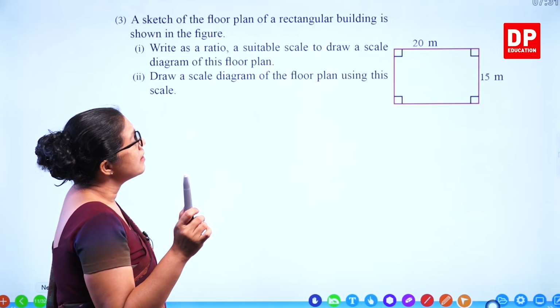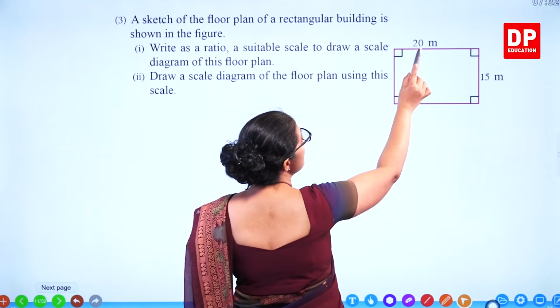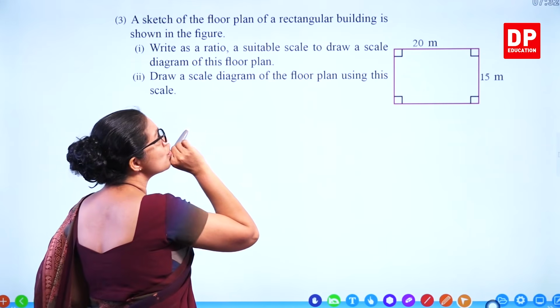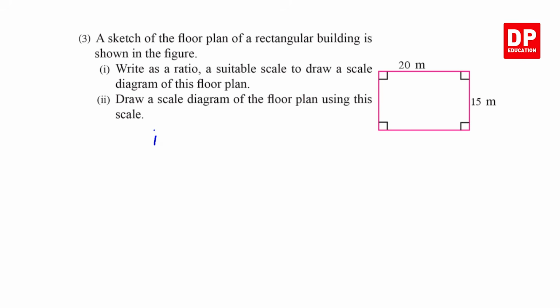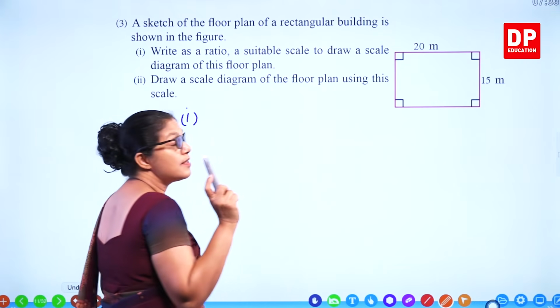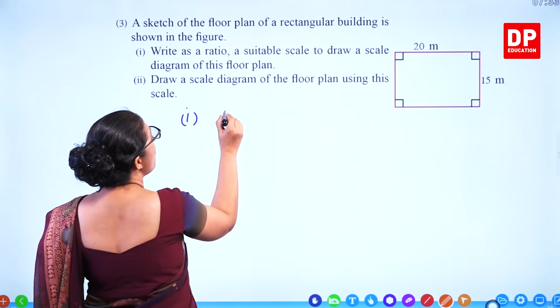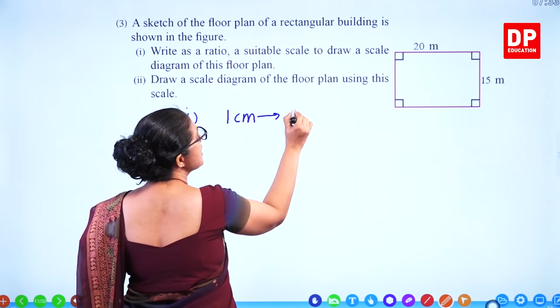So we'll take 2 centimeters to represent 10 meters, 1 to 200. If you take this one, because this is 20 and 15, divisible by 5, so we'll take 1 centimeter to represent 5 meters.